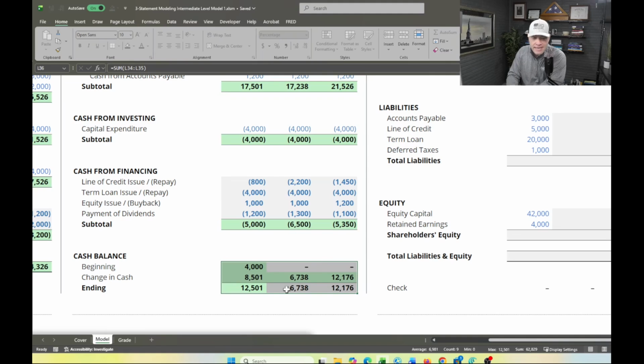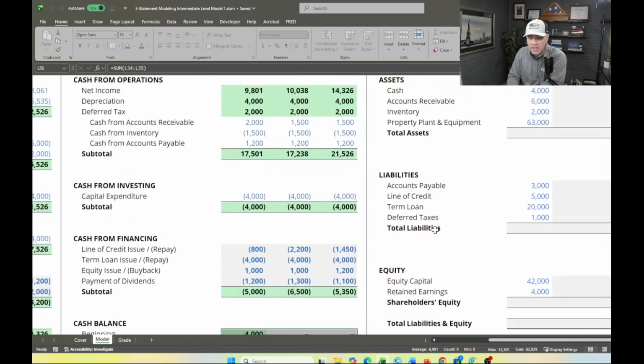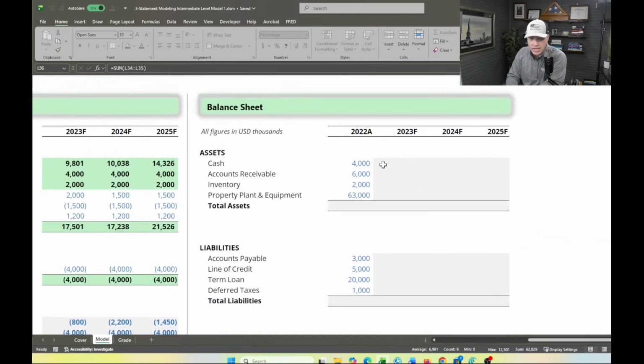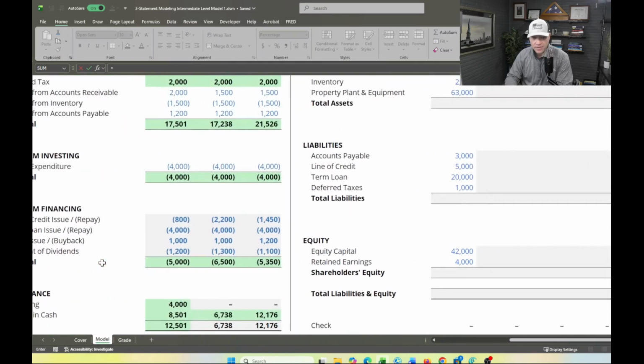You can see it's not correct yet, because I'm going to go up to the balance sheet. On the balance sheet, I have to find out the cash totals, because it's corkscrewed in, as in the beginning balance is always the previous year of the balance sheet. So what is the ending balance on the balance sheet? Well, that is what we just solved.